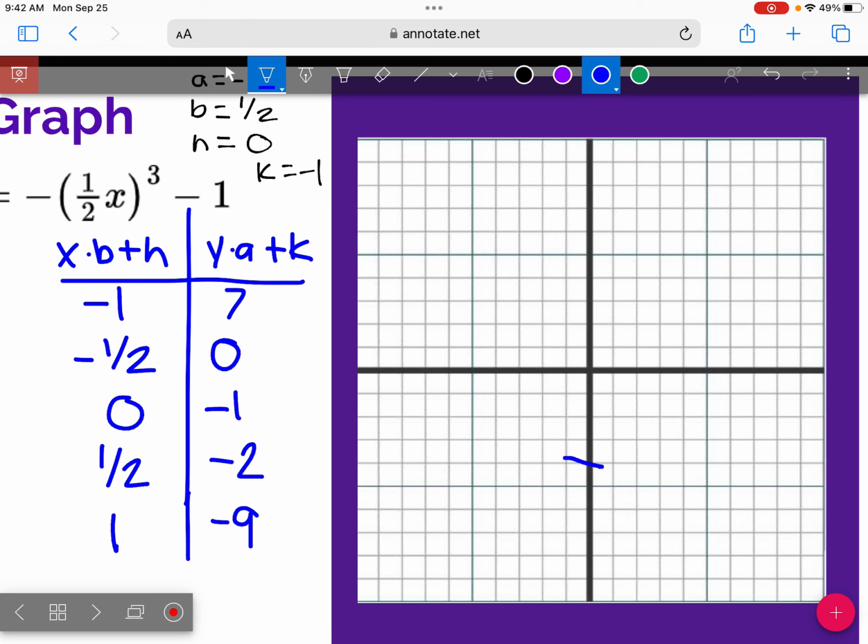So our graph is going to look like -1, 7, -1/2, 0, 0, -1, 1/2, -2, and 1, -9. So we are super duper duper horizontally compressed. Okay? We'll work more with these tomorrow.